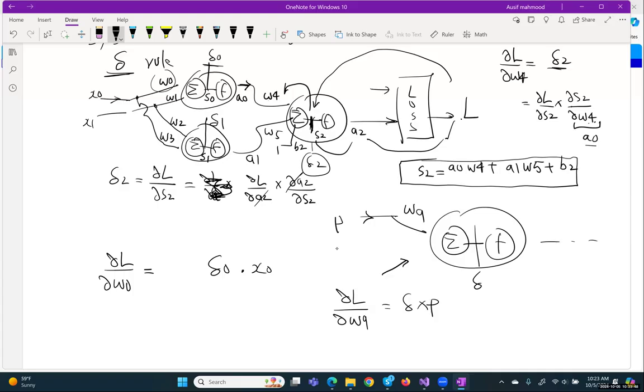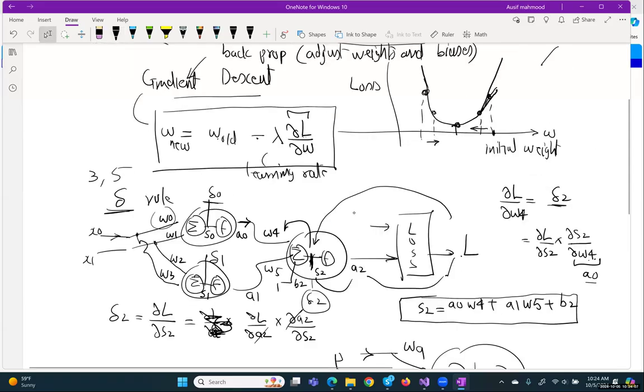Now that we understand how all the derivatives can be calculated, it doesn't matter whether we have 5 weights and 3 biases or 9 weights. We can write many equations to implement the gradient descent algorithm like you see over here. If you have 6 weights, this will be 6 copies of this, one for W0, one for W1, and so on. In the same way, if we have biases, there will be as many bias equations.